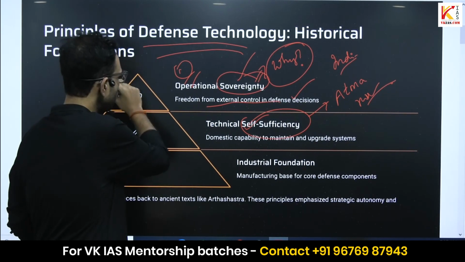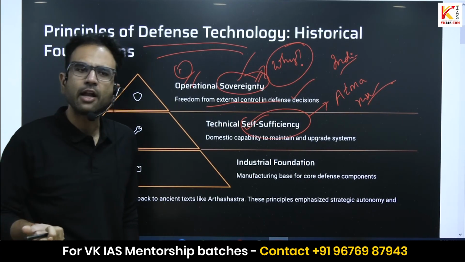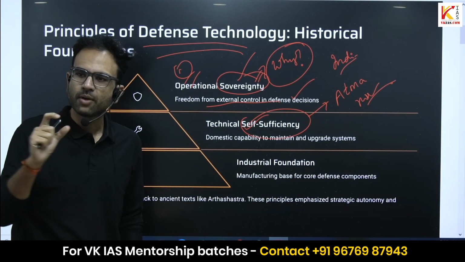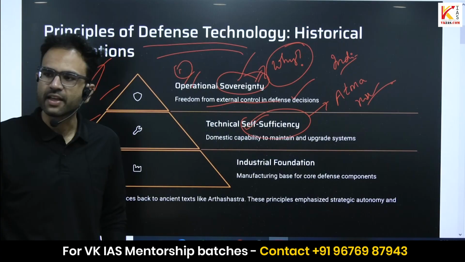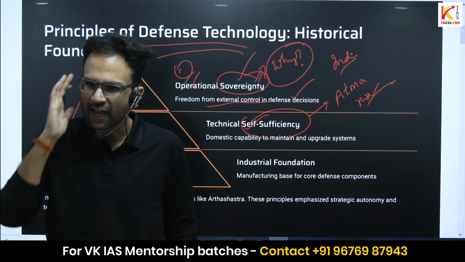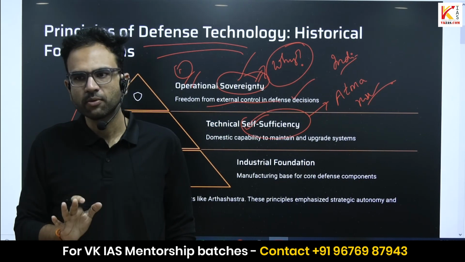Next thing is, okay, you have the technology, you have the R&D. What if you don't have a manufacturing base? You have an idea, but you can't execute it. You don't have the manpower, skills, machines, technology that can bring this idea into a reality. That is also a problem.